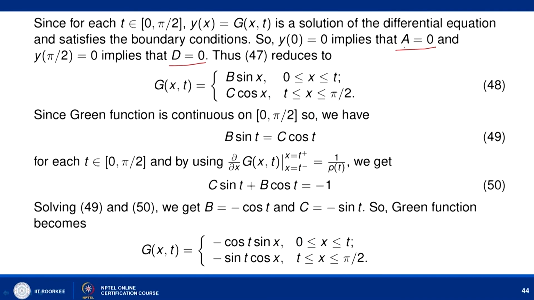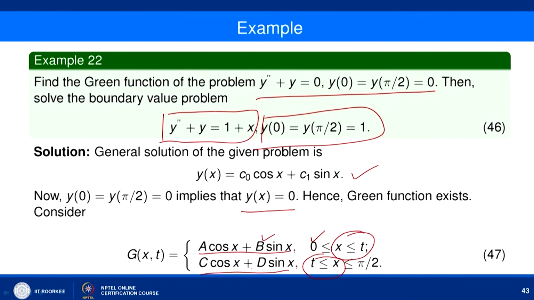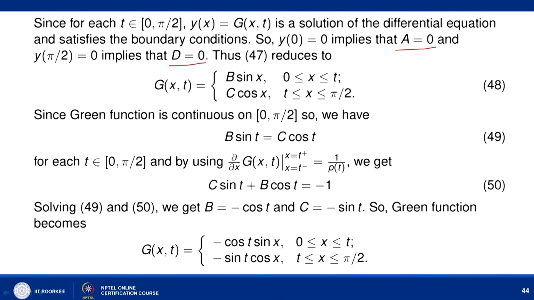Similarly y(pi/2) equal to 0 means d equal to 0. So, our G(x,t) is now reduced to b sin x when x lies between 0 and t, and c cos x when x lies between t and pi/2. Now we have to find b and c.